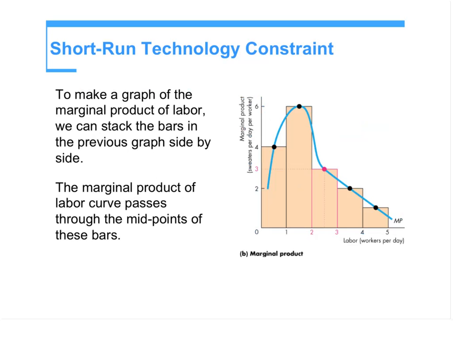So you can see the marginal product is first increasing, and then at some point it starts decreasing. You have an increase, but the level of increase decreases.